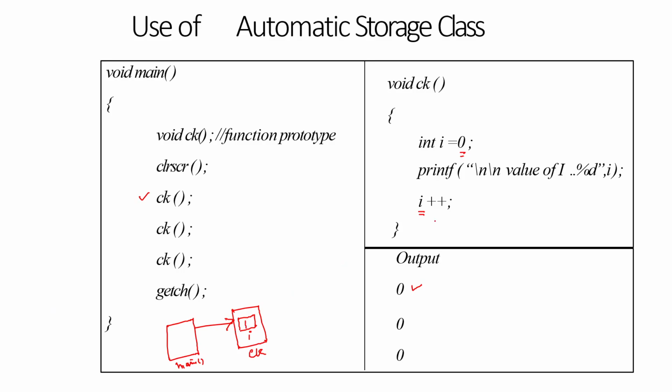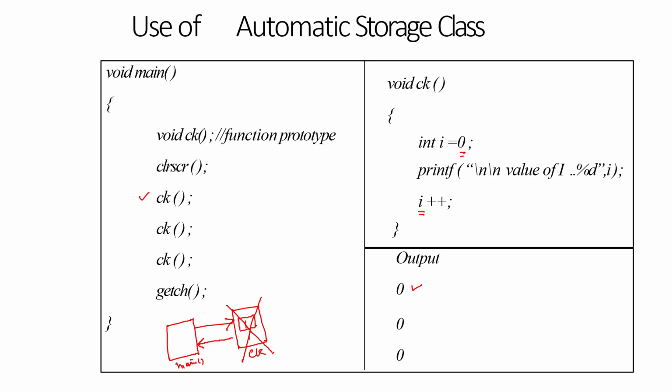And then what happens? Nothing is written here. That means the control of the ck function should return back to main again. And at the time of returning, what do we know? That this entire memory space becomes free. It's deallocated.